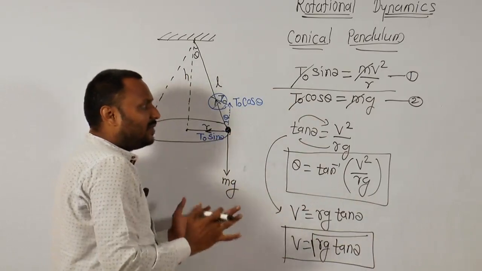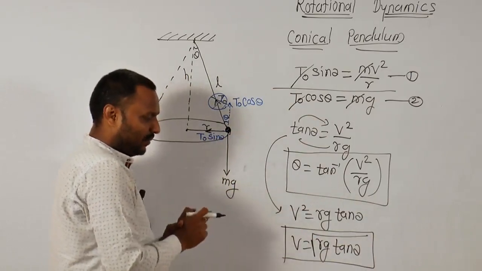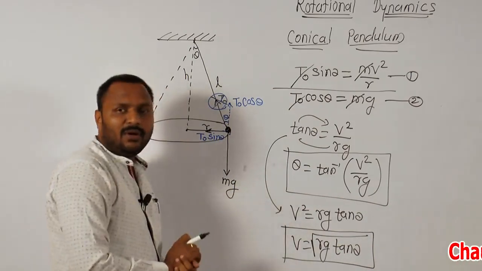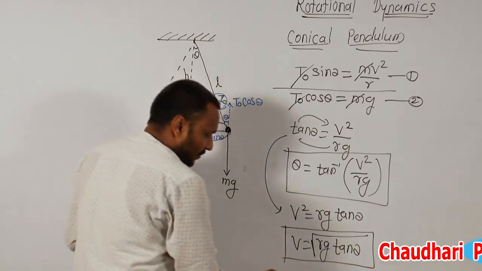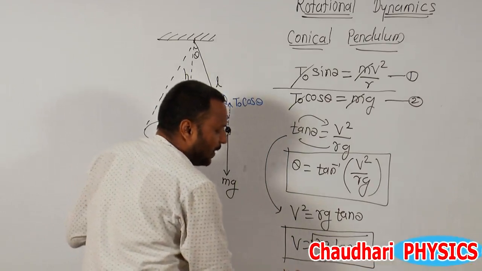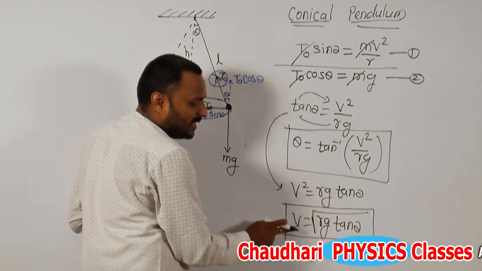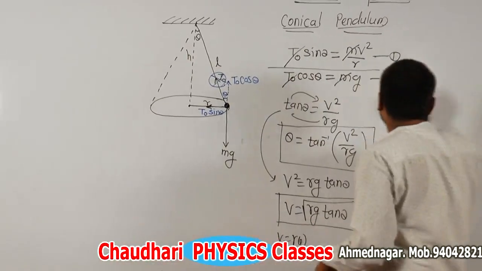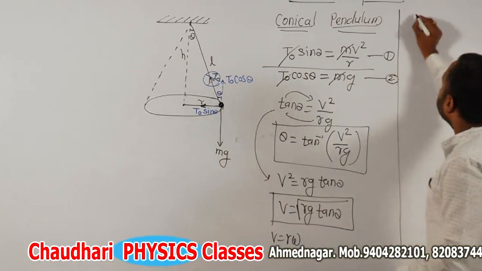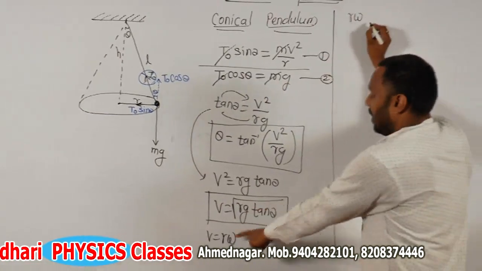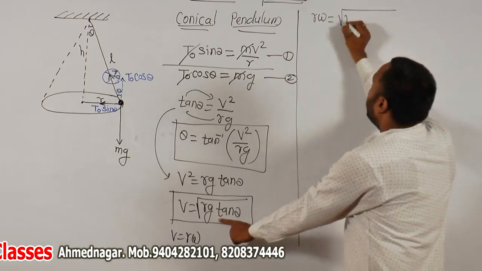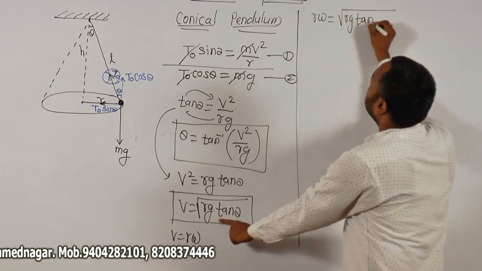Also we can find out the angular velocity. We know the formula of angular velocity, and by using that we can develop the formula. Then v is equal to r omega. If we substitute r omega, then the formula can be written as r omega is equal to the square root of rg tan theta.